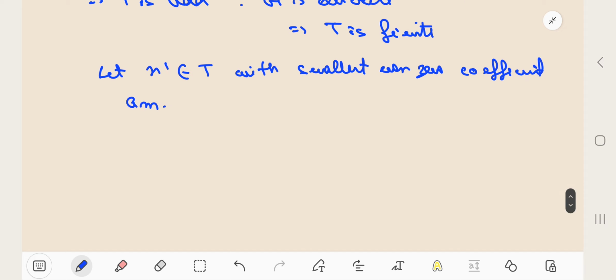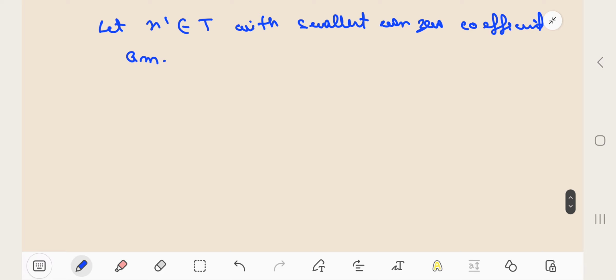The am coefficient is smallest in the case of x prime, and say x prime can be written as b1 g1 till bm gm. So whichever coefficient is am, it is the smallest, and this gives a certain representation of x prime in terms of the gi.